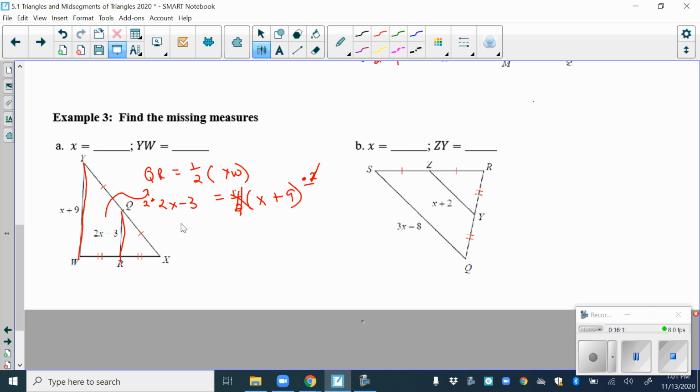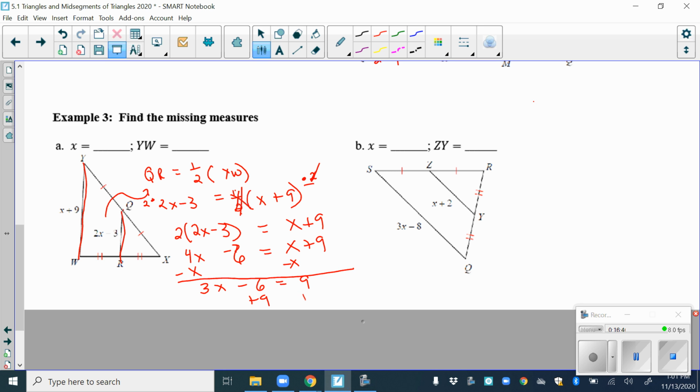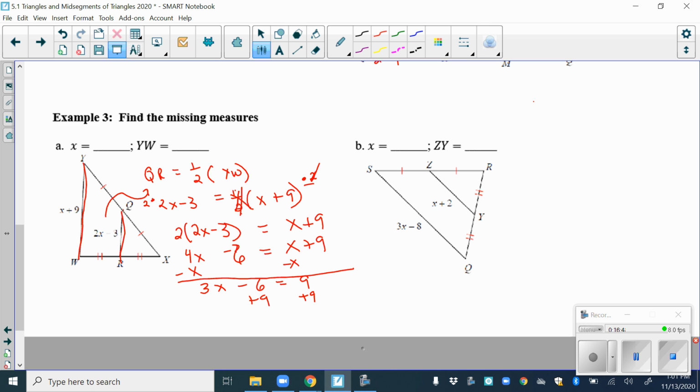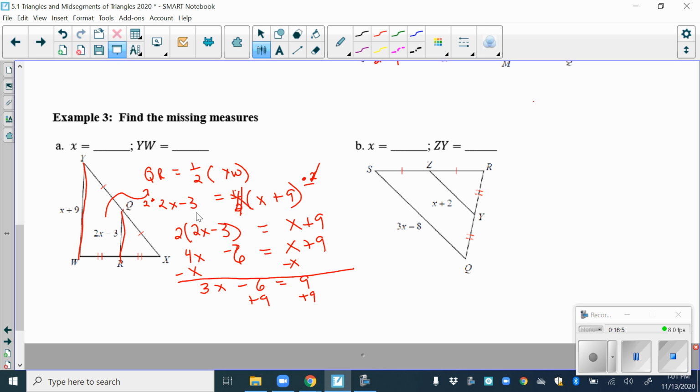So you can say 2 times my 2x minus 3 equals x plus 9. And you get 4x minus 6 equals x plus 9. Subtract x from both sides, and you get 3x minus 6 equals 9. Add 9 to both sides. Sorry, not 9.